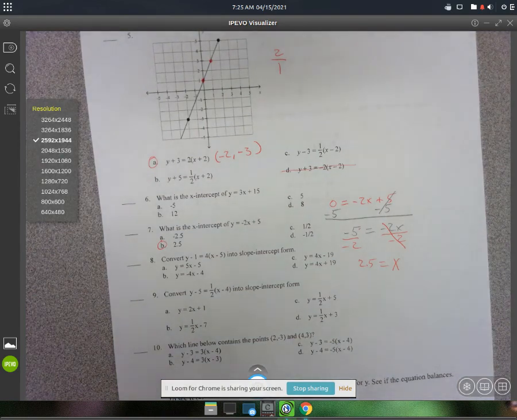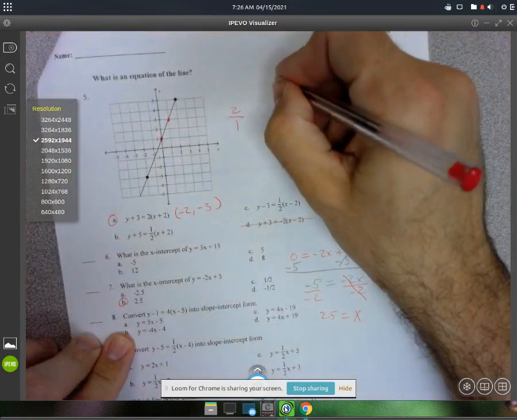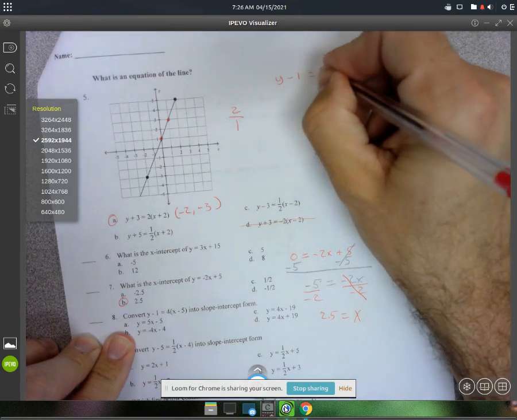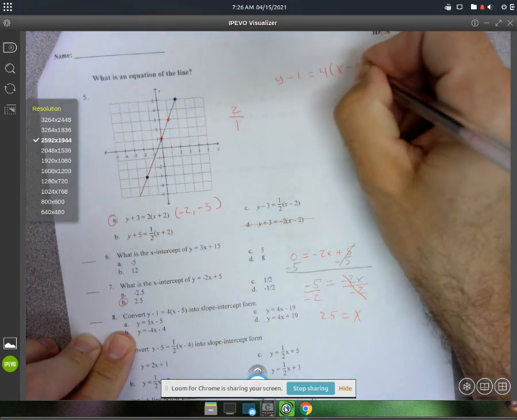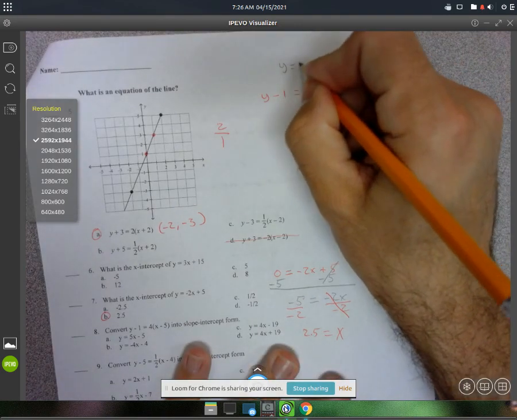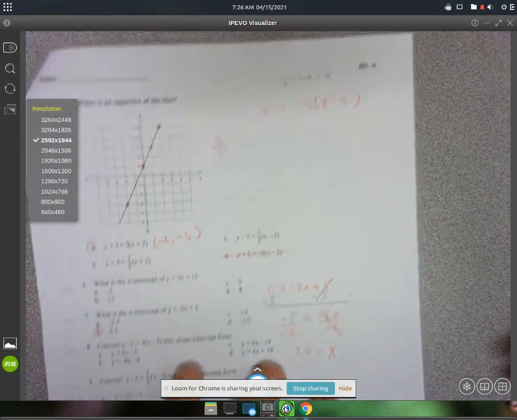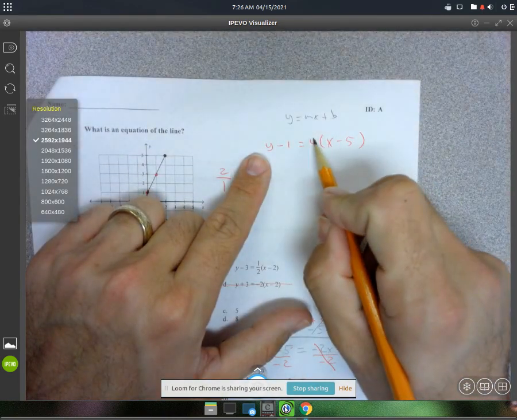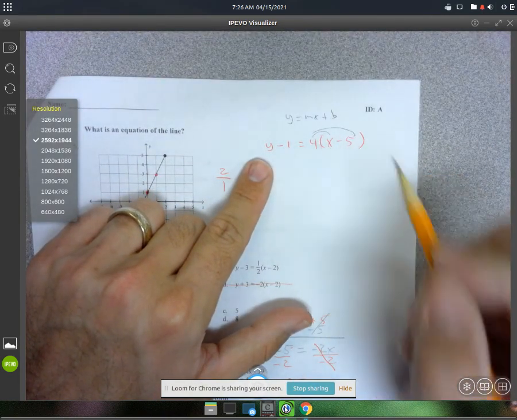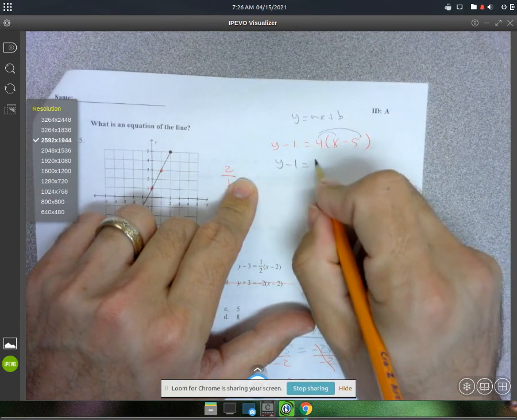All right, number 8. Convert to slope-intercept form. Here, let me write this up here. y minus 1 is equal to 4 times (x minus 5). So we're going to convert it to y equals mx plus b form. We just got to get the y by itself. That's all you got to go for. So I'm going to distribute my 4. y minus 1. So it'll be 4 times x is 4x.